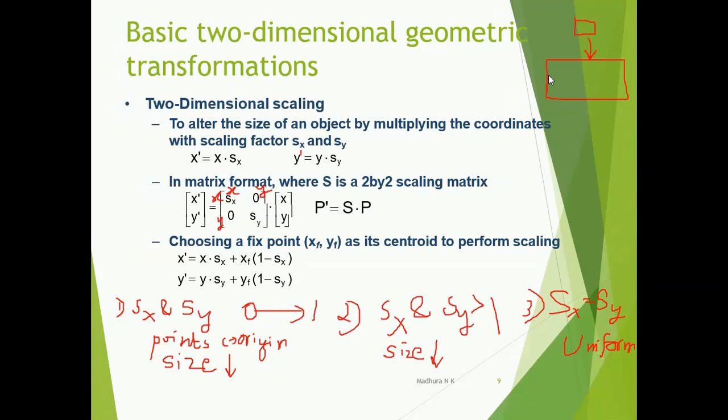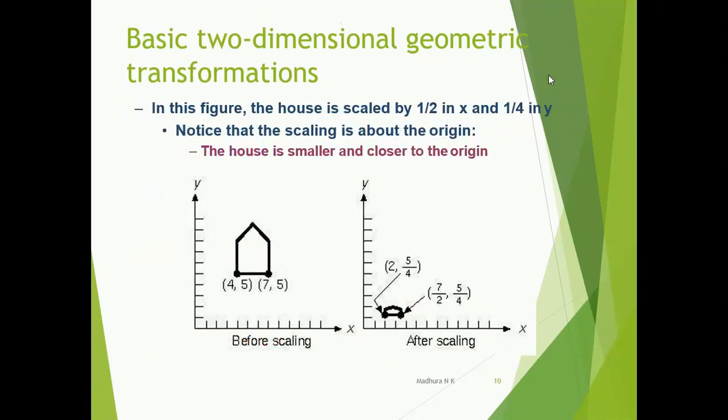So now let us see one example. In this figure, this house is scaled by 1 by 2 in x and 1 by 4 in y. So those are the sx and sy values. Your scaling factors are given initially. 1 by 2 means 0.5 and 1 by 4 is 0.25. So both sx and sy values are less than 1, which means the first condition is true in this case.